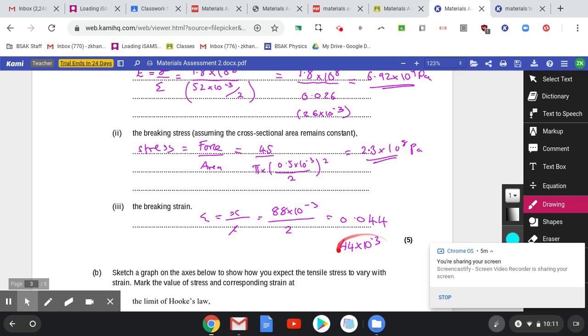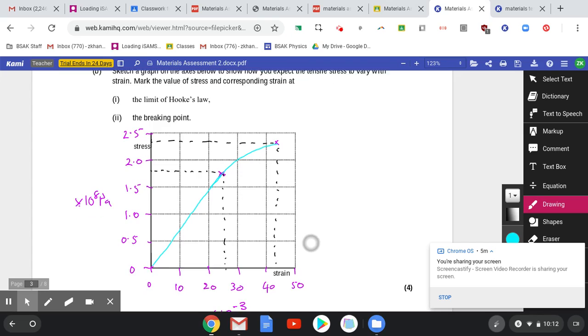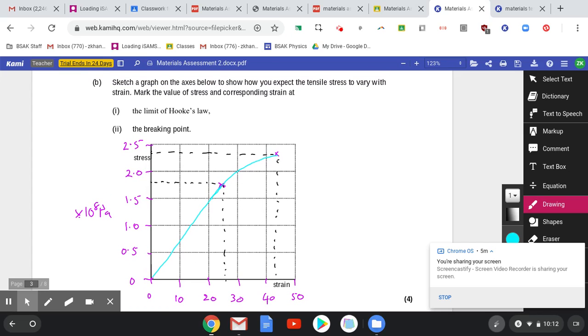This is what we're going to use later on. So I've come back and written this in because I'm going to use it in just a moment's time. Also, I've written out the strain in a unit of times 10 to the minus 3. So this is where I'm going to use it.